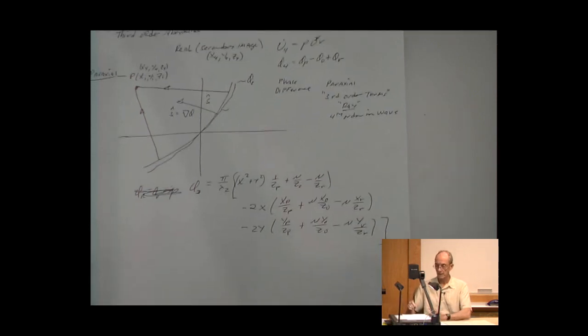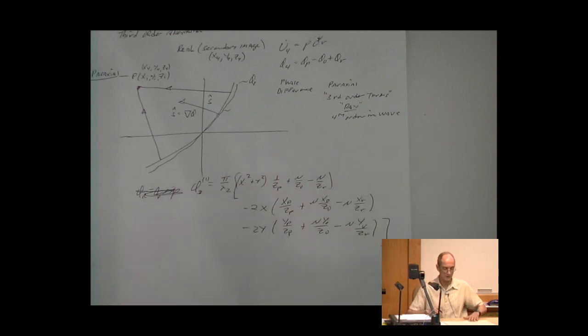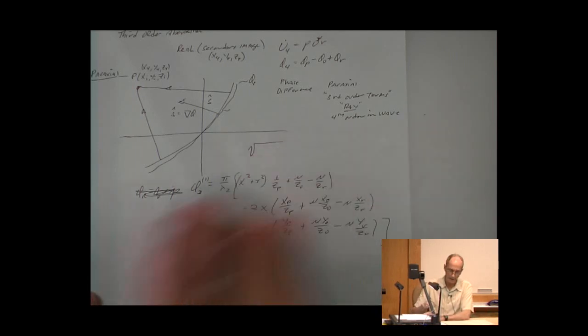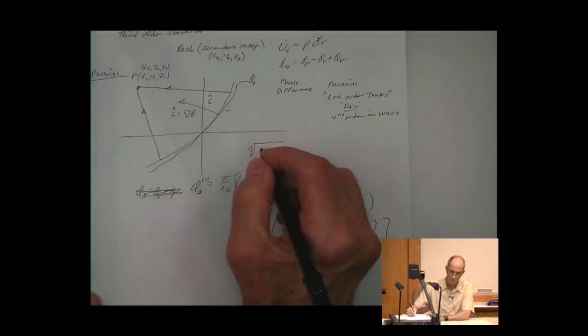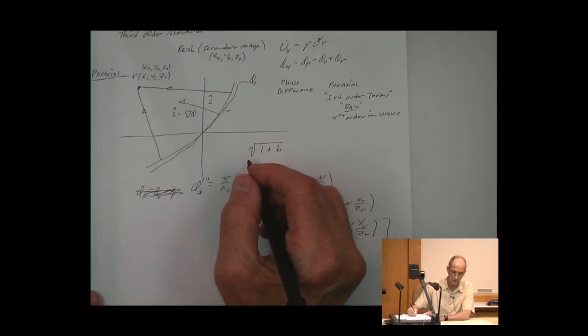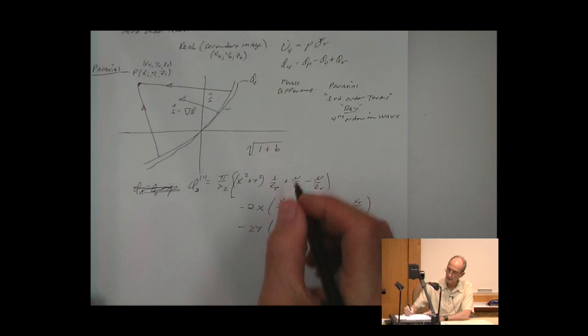Okay, so this, by the way, was again just the first order, and that all came about from reducing this radical that we had with these square terms, where we had 1 plus b, where this b is equal to x squared plus y squared over z.